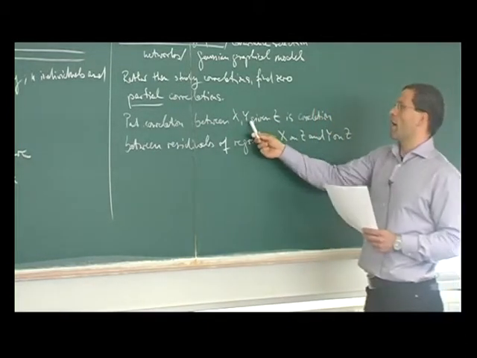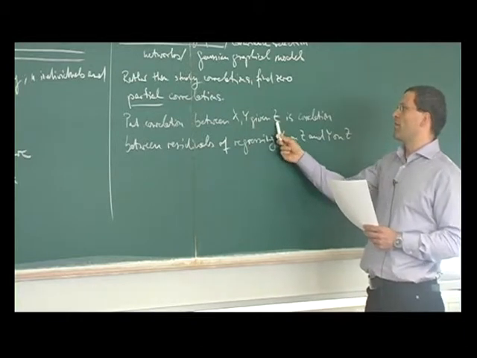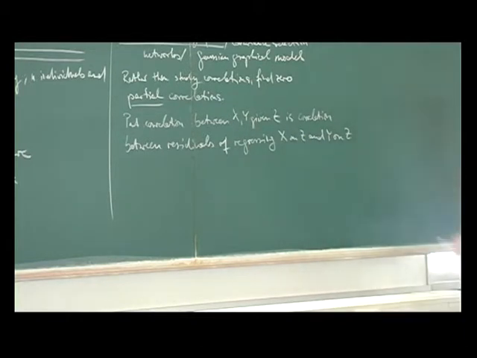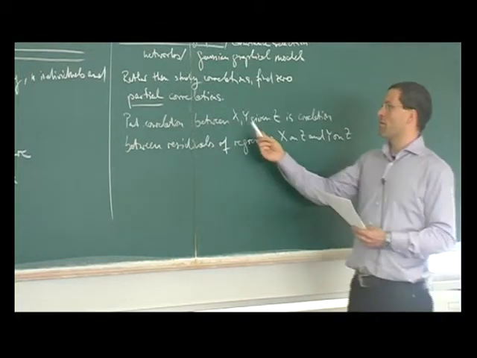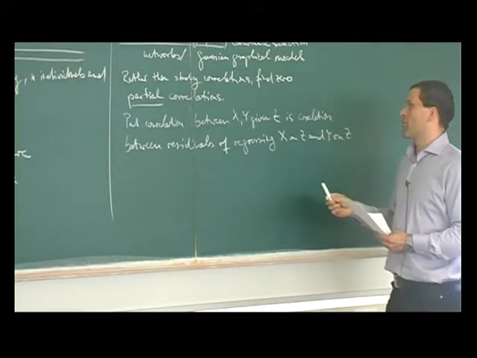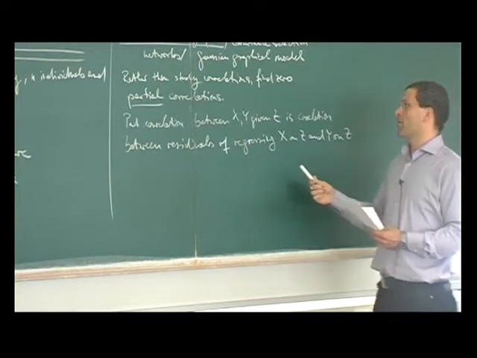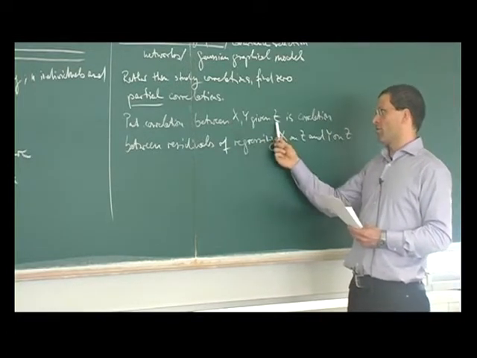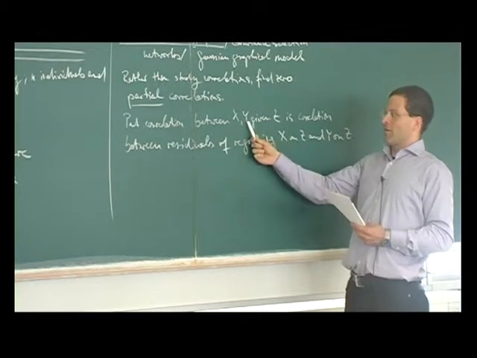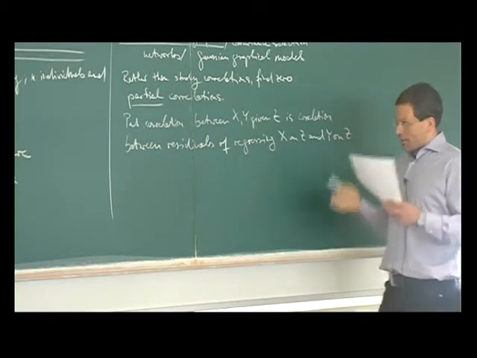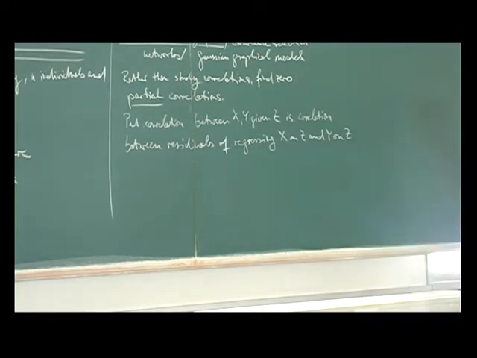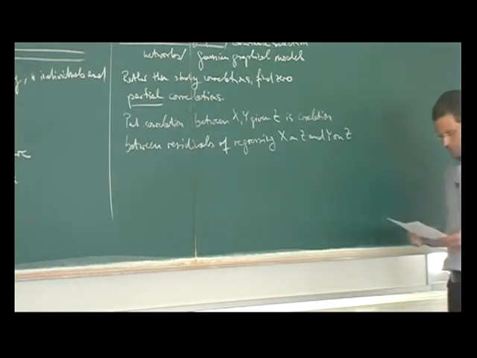So x and y are single random variables, but z can be a collection or a set of random variables. If we're interested in the partial correlation, we will first set up a linear regression trying to explain x in terms of the set of random variables z, and then trying to explain y in terms of z, and then we keep only the residuals and compute the correlation between these residuals.